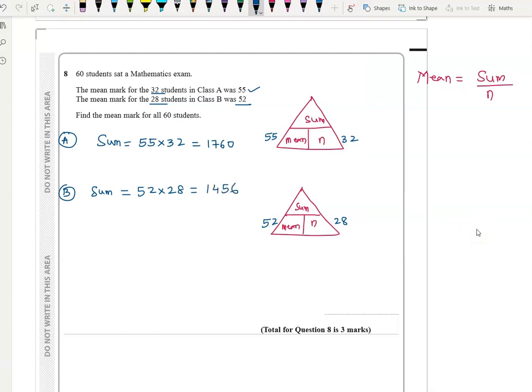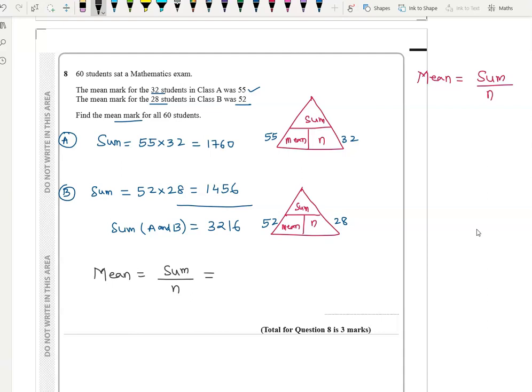Okay, now to get the total marks scored by both classes, we will add both. So the sum of scores of both sections A and B, when you add up both the scores, gives you 3216. The question is find the mean mark for all 60 students. So the mean for both classes together, you add up all the marks scored by both divided by the total number.